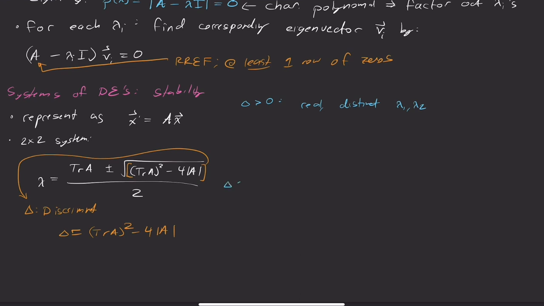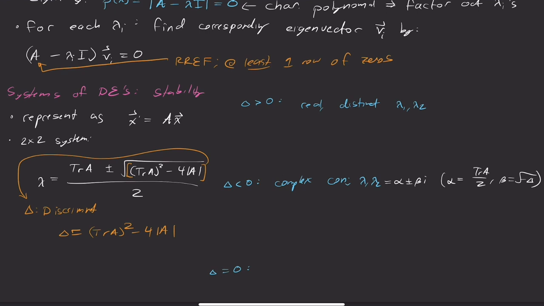Next, if you have a negative discriminant, then you have complex conjugate lambda 1 and lambda 2, equal to alpha plus or minus beta i, like every other complex number, where alpha in this case is the trace of A over 2, and beta is just the square root of the negative discriminant. And then the last case is if your discriminant, delta, is equal to 0.